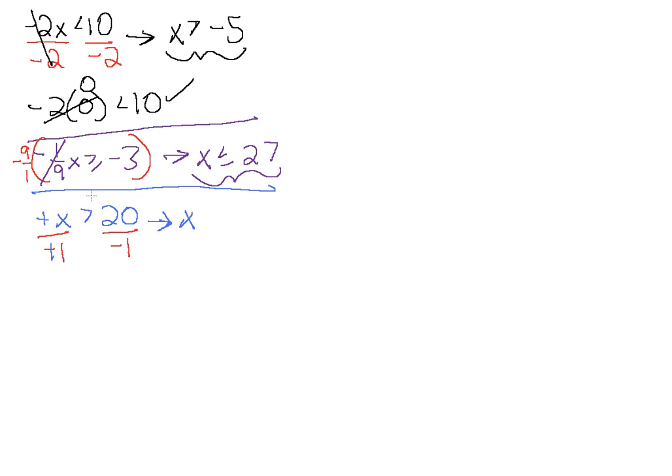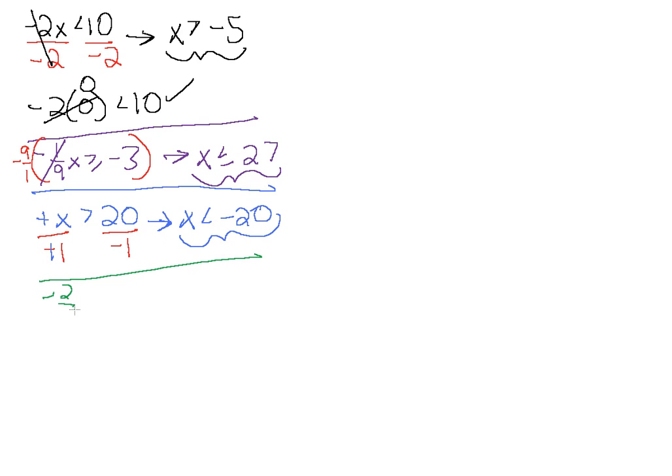We want to know what x is. So we need to flip our sign from greater than to less than since we divided by a negative. And on the right-hand side, we have minus 20. Essentially we went from minus x is greater than 20 to x is less than negative 20. We just flip the signs. But whenever we're doing so, we need to flip the inequality notation.